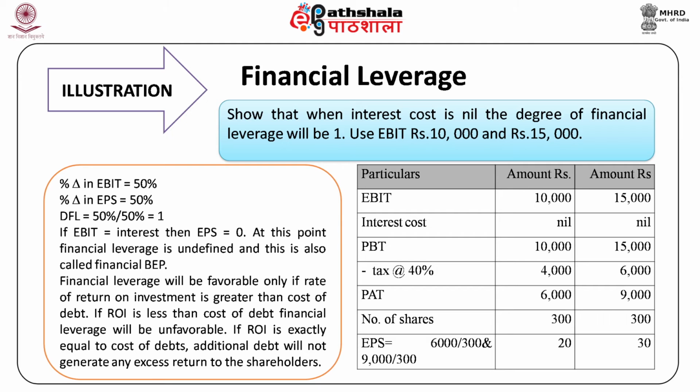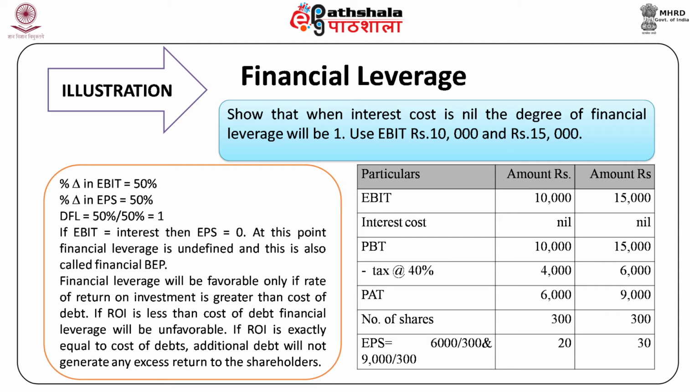Minus tax at 40%, 4,000, 6,000. PAT 6,000, 9,000. Number of shares 300, 300. EPS is 20 and 30. Now you will observe percentage change in EBIT is 50% and percentage change in EPS is 50%. So the DFL is 50 by 50, equal to 1.